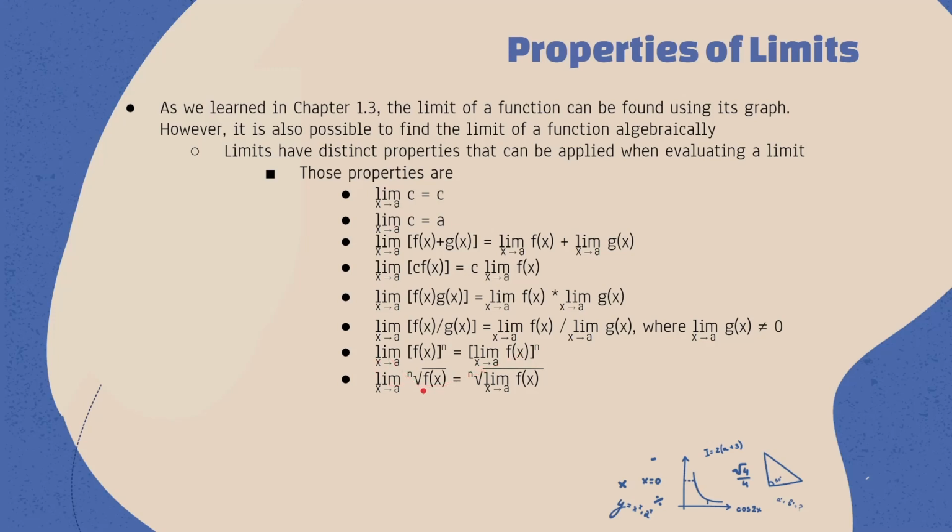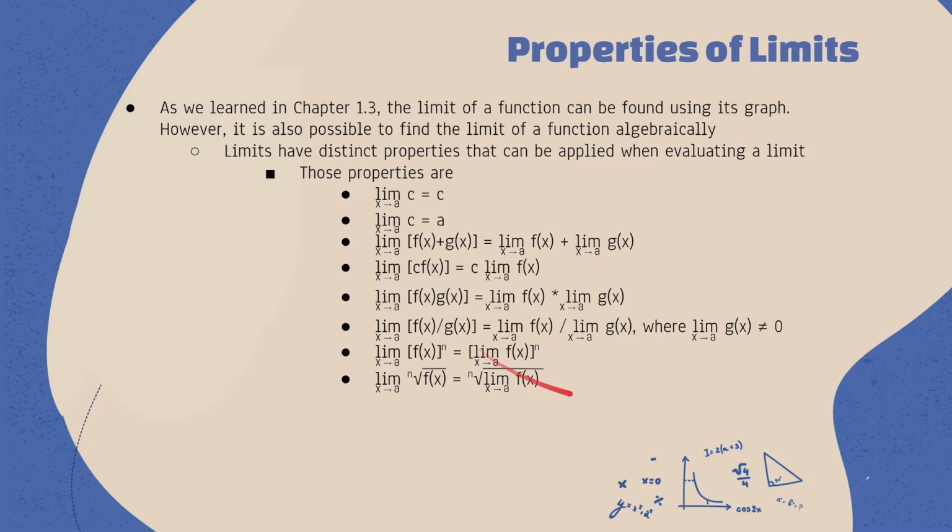Similarly, if you had the root of something, like the fourth root of f of x, you could do the same procedure. You would find the limit of x and then take the fourth root. These concepts are all fairly simple, but you should definitely practice them in order to understand them.